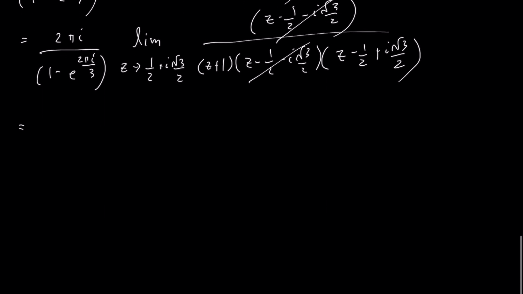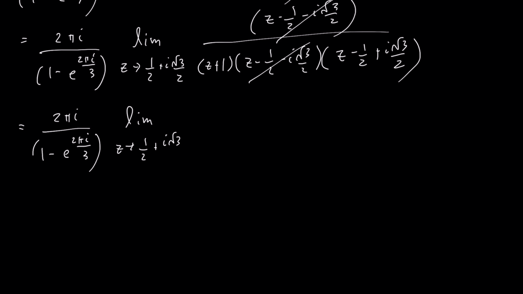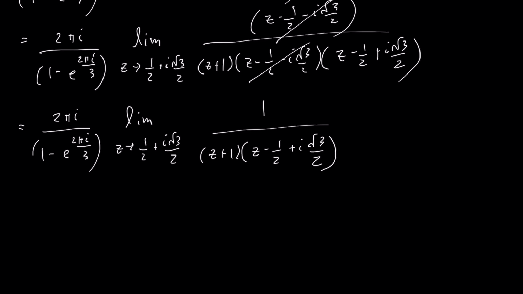So we have 2 pi i over 1 minus e to 2 pi i over 3 and the limit as z approaches 1/2 plus i times the square root of 3 over 2 of 1 over z plus 1 times z minus 1/2 plus i times the square root of 3 over 2.